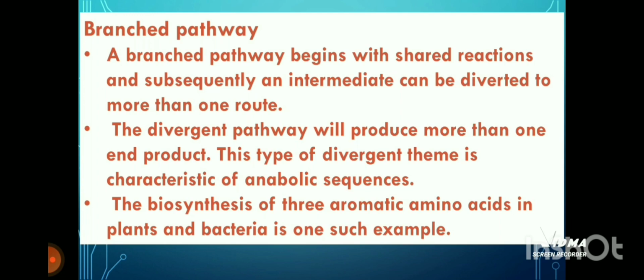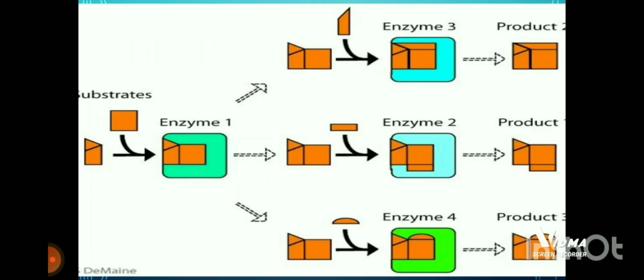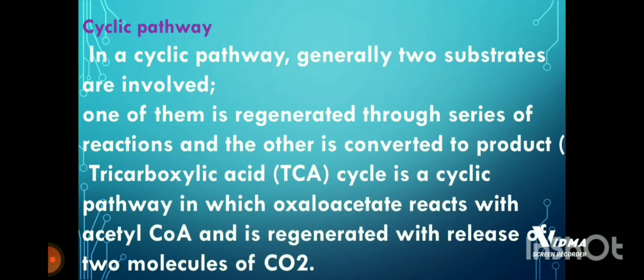The example is the biosynthesis of 3 aromatic amino acids in plants and bacteria. This is just a simple figure of the branched pathway. Just see this figure, the simple figure of the branched pathway.